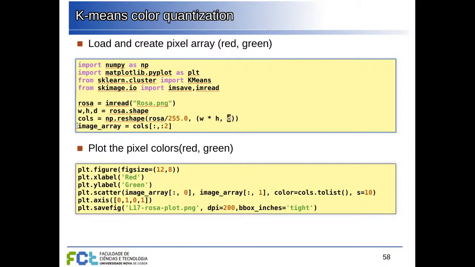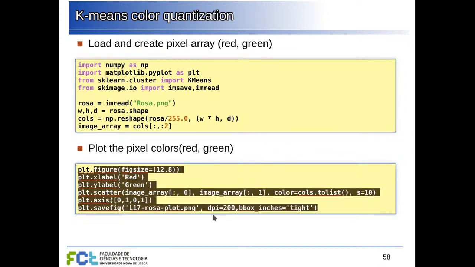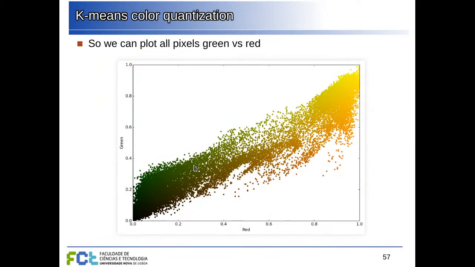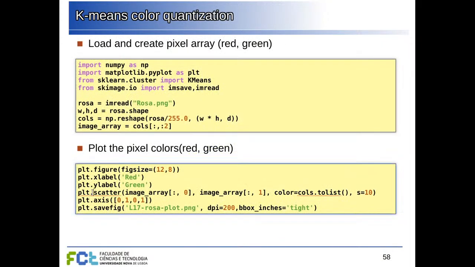However, for our particular array, we only need the first 2 columns because we only need to look at red and green since blue is always 0. So we're going to get this array, this matrix. Now we create a figure and we plot these points here. If you want to plot a series of points all with different colors, you can use the scatter command from pyplot.